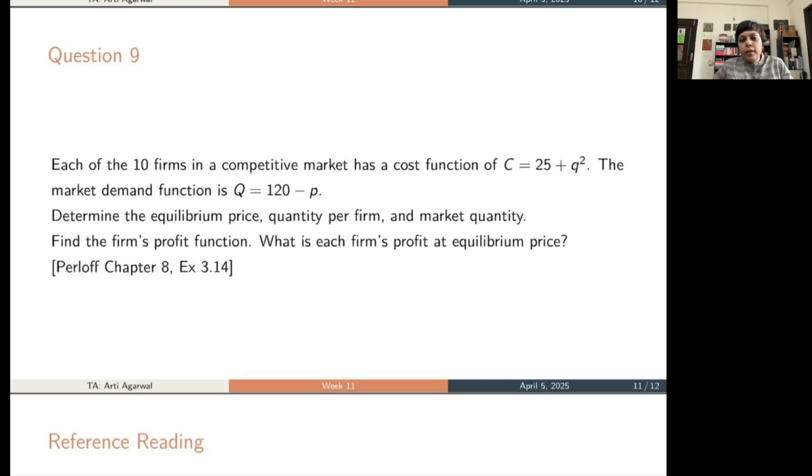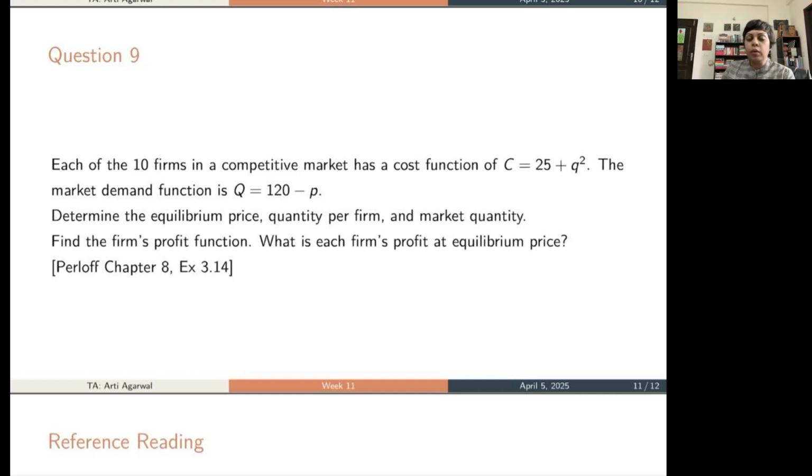So we can just directly sum the supply of each firm. If the supply for one firm is small q sub s, then the supply for the entire market is going to be 10 times small qs, because you're just summing the supply for 10 firms, right? So if we know capital Qs, we can equate that to the market demand function, capital Q equal to 120 minus P, and we can just solve the equation to get the equilibrium price.